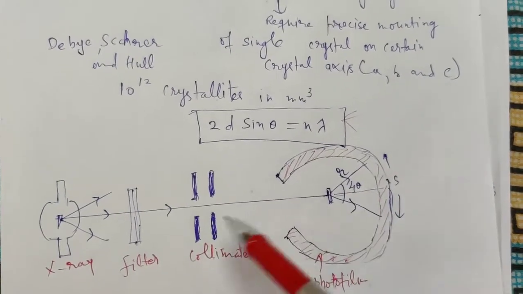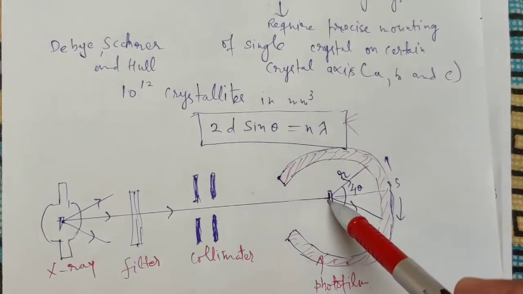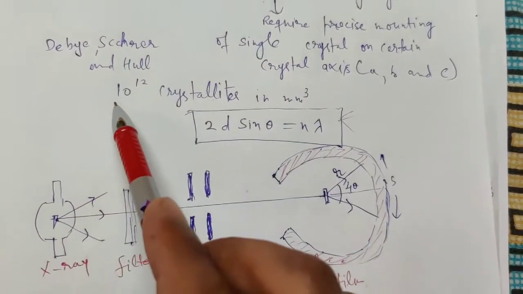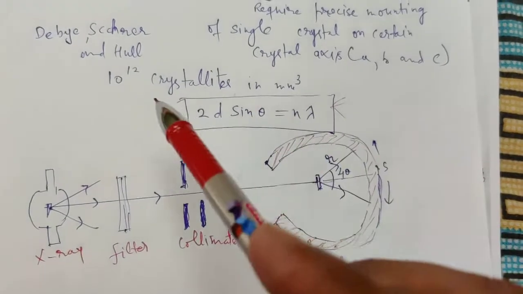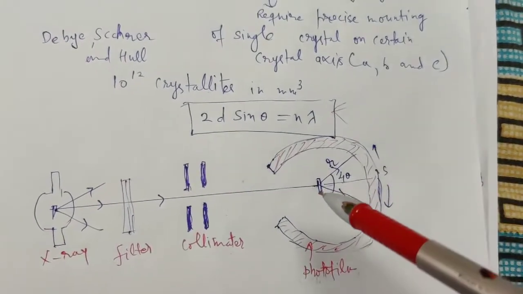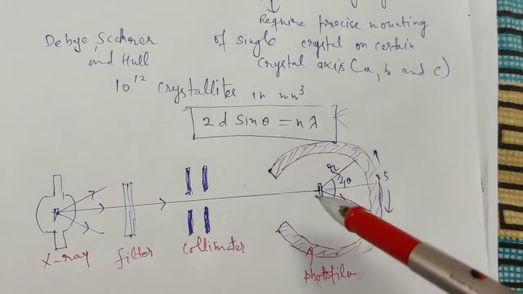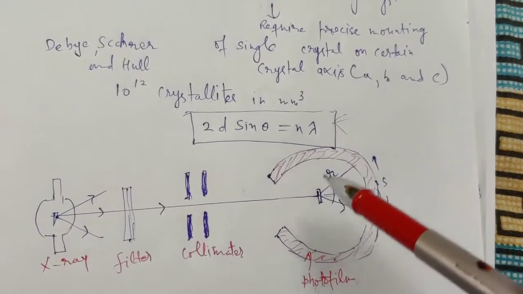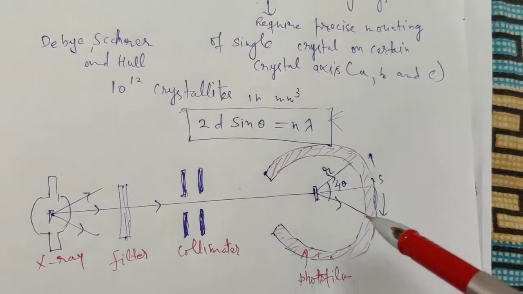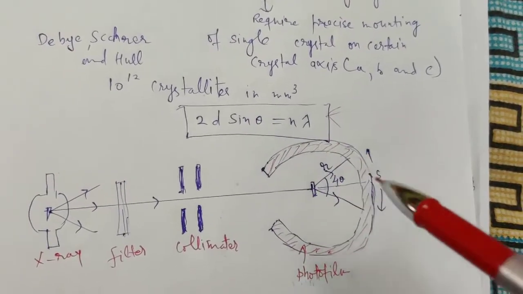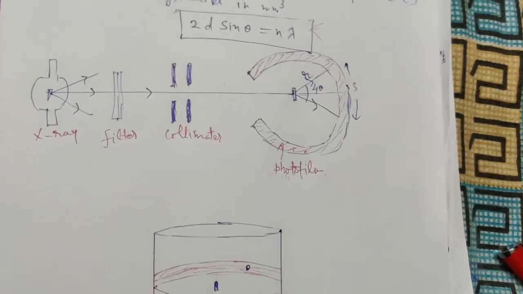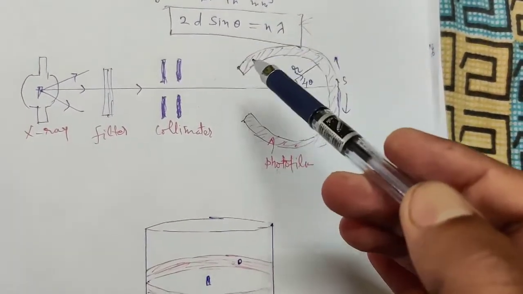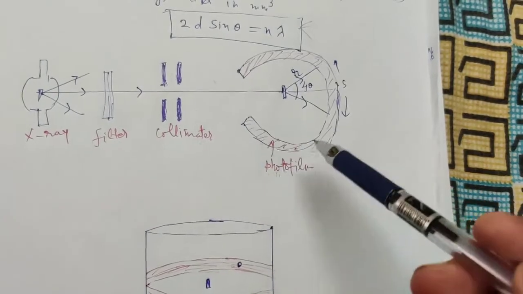Since this is the specimen, and there are a large number of crystallites oriented in different directions, there are many Bragg planes here. So there will be many diffraction patterns for different Bragg planes. This is the photofilm, viewed from the upper side.